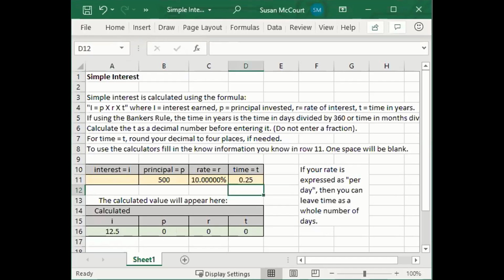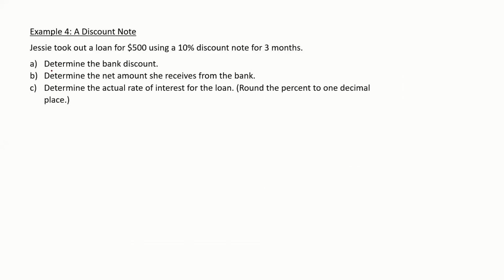So that's going to be $12.50. So our interest is $12.50. To determine the net amount she receives from the bank, well, she borrowed 500.